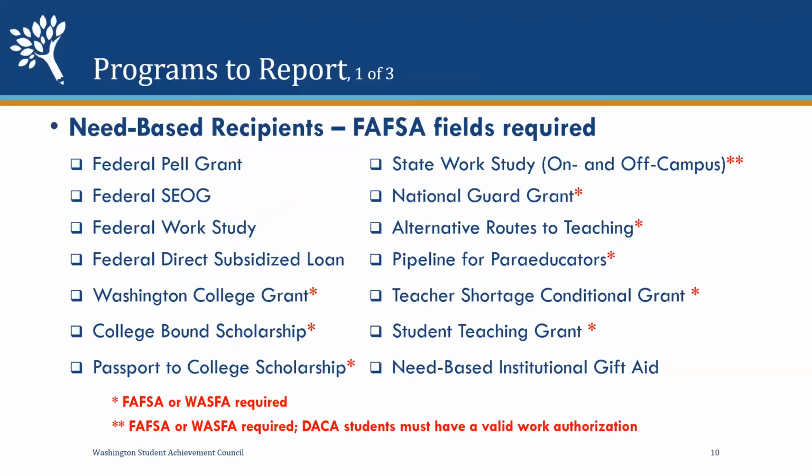This is a list of the need-based programs to report. This is where FAFSA is required. You can read the list as well as I. I do want to just emphasize that the student teaching grant was reported under other state-funded gift assistance until the 2017-18 academic year.